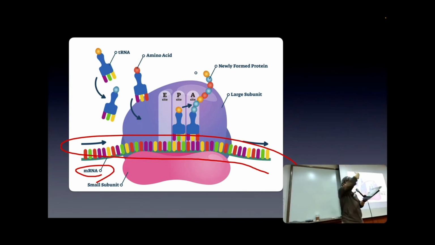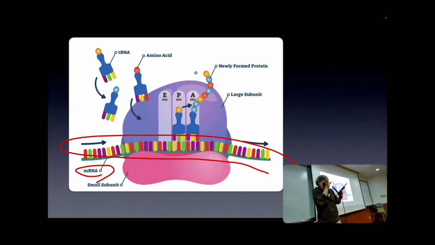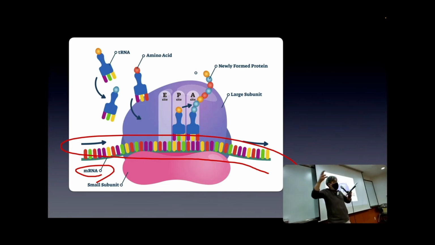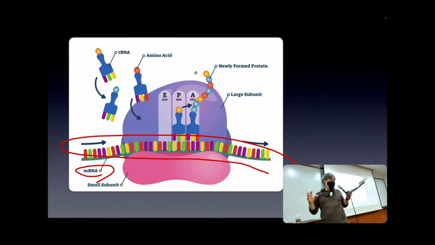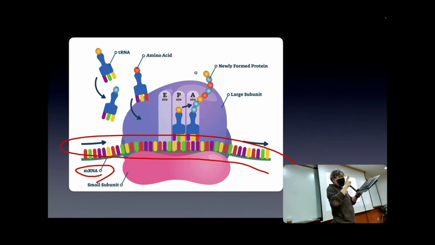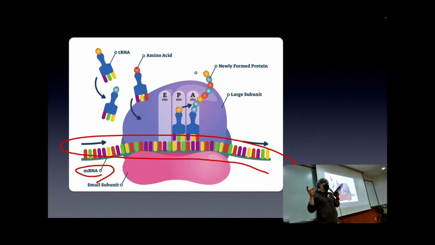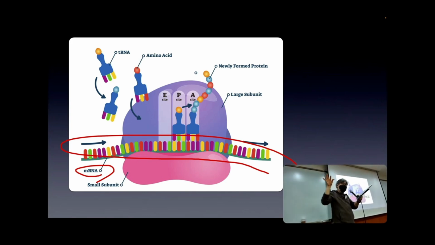That's why in the earlier slide comparing DNA and RNA, DNA portrayed itself as chubby and fat because it's double-stranded, and RNA is a skinny one because usually, not always, it exists as a single strand. And here, this RNA is the exact copy.